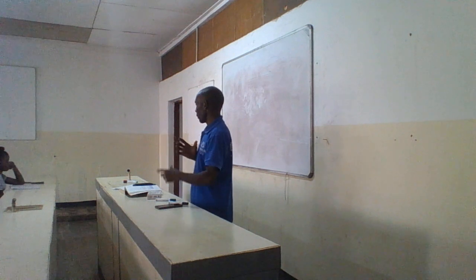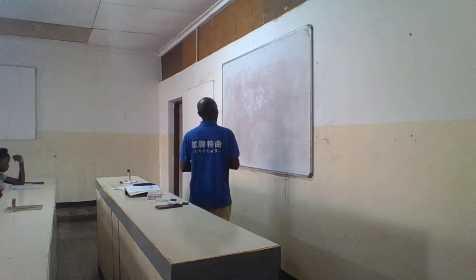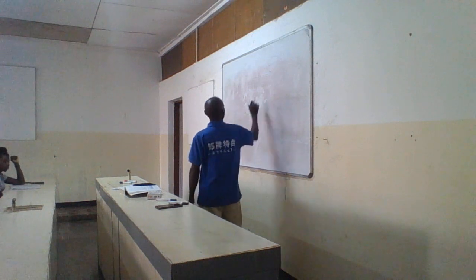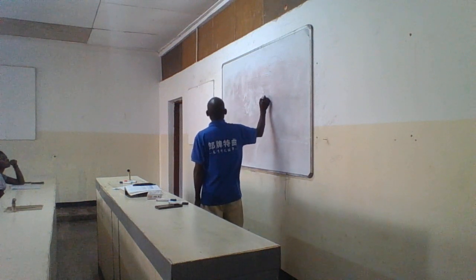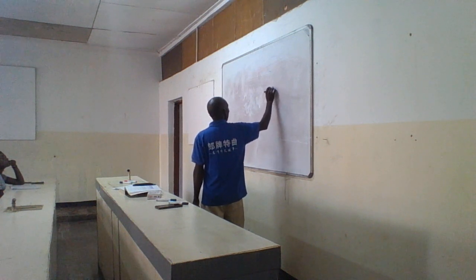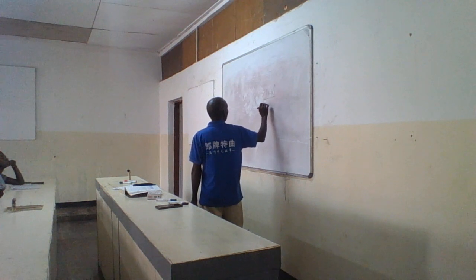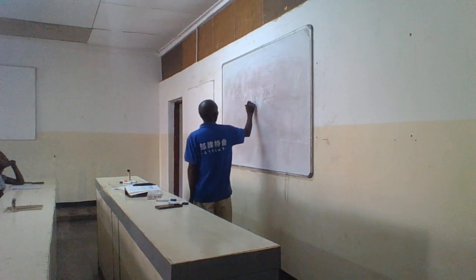So the formula that we used last time, we had to sum up x minus x bar squared divided by n, and this is your variance.